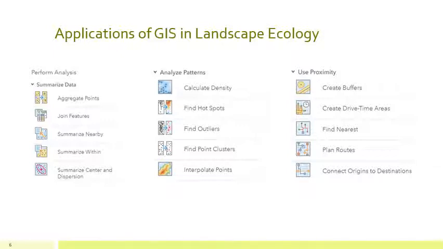And the organization of multiple layers of information allows researchers in landscape ecology to see the deeper insights into these patterns and relationships and situations that are happening across the landscape that is being analyzed.